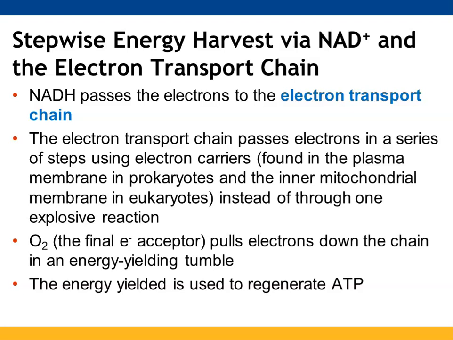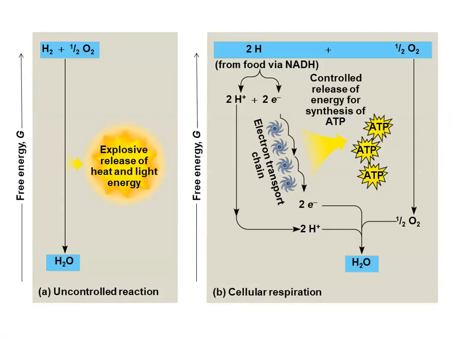These electron carriers in the electron transport chain are found in the inner membrane of the mitochondria, but for prokaryotes that don't have organelles, they're found in the plasma membrane. Oxygen is at the end of the proteins that are present in the electron transport chain. And because it's so electronegative, it helps to pull those electrons towards it, and eventually it'll form water and provide a means of reforming ATPs.